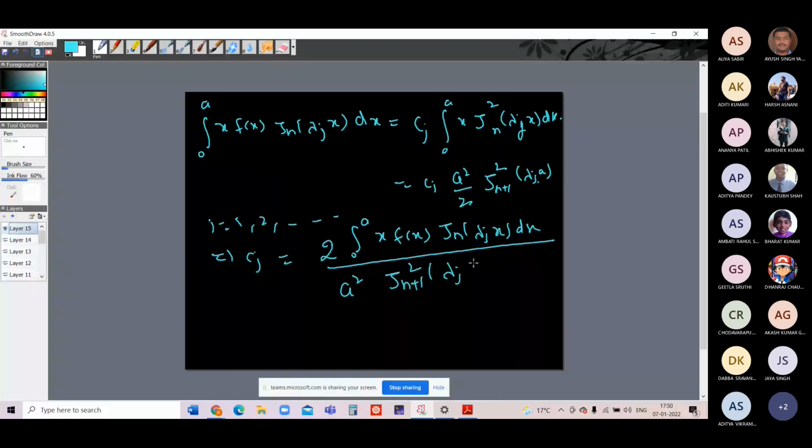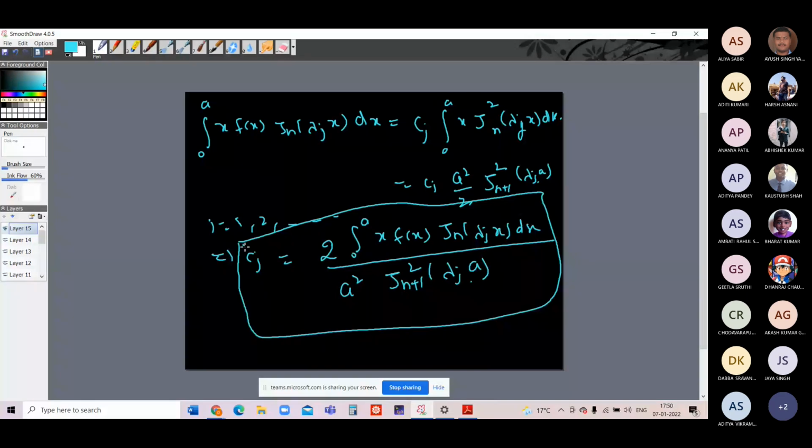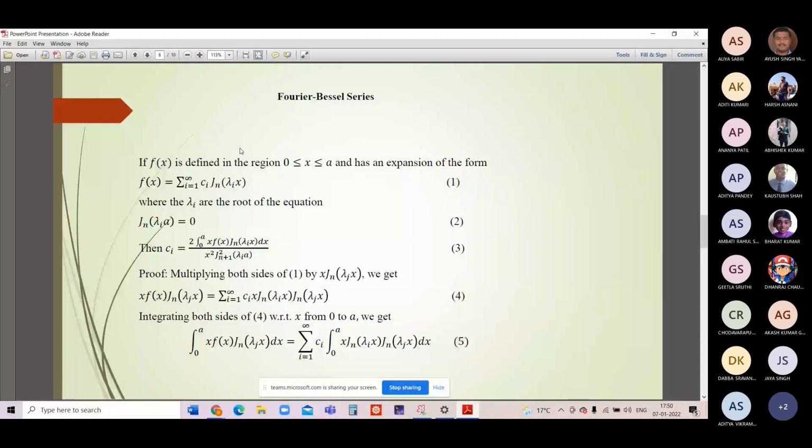In this manner we can find the various coefficients multiplying J_n(lambda_1 x), J_n(lambda_2 x), J_n(lambda_3 x) and so on, and expand any function defined over a bounded interval in terms of Bessel functions of the first kind of fixed order.